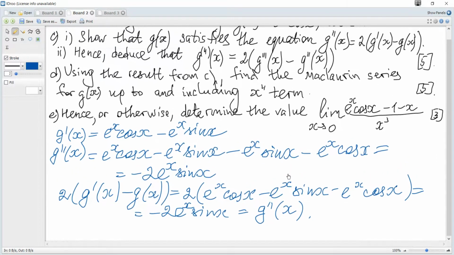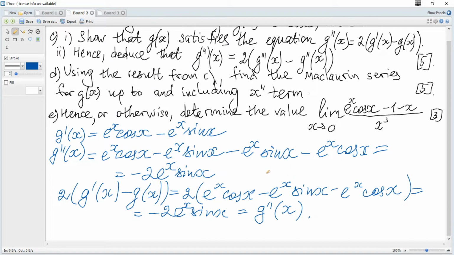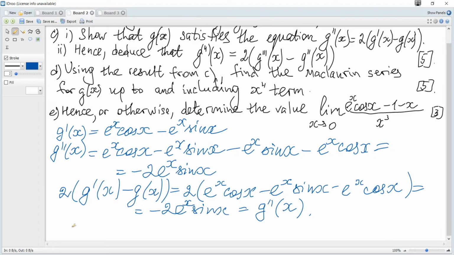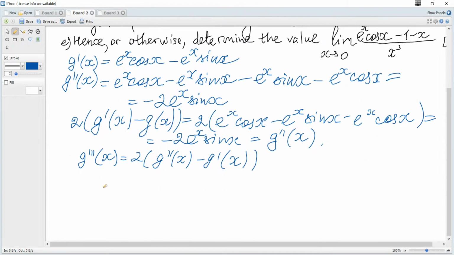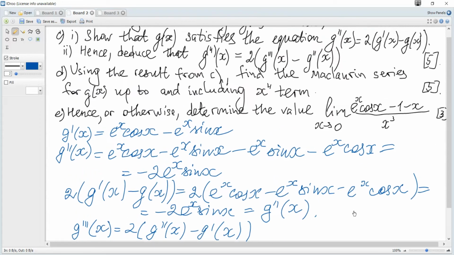So to find the third derivative of g, we can just differentiate the expression for the second derivative, this one, and get that the third derivative of g is 2 times the second derivative minus the first derivative, and differentiate again to get the fourth derivative is 2 times the third derivative minus the second derivative, as required.